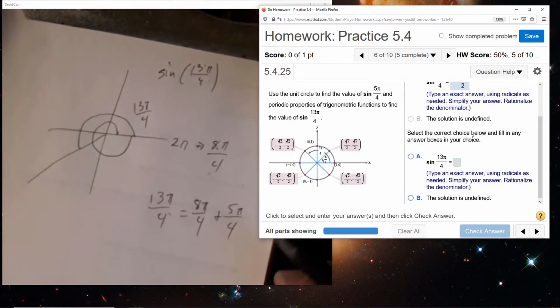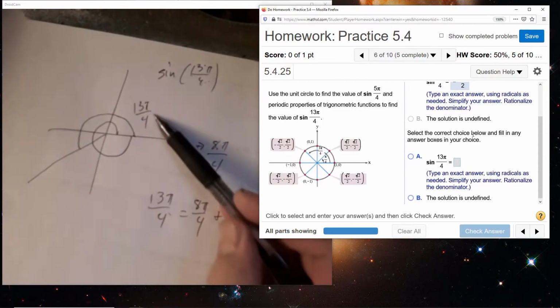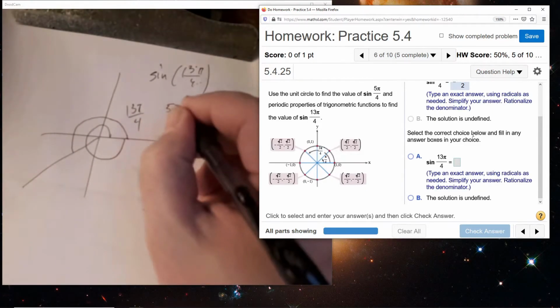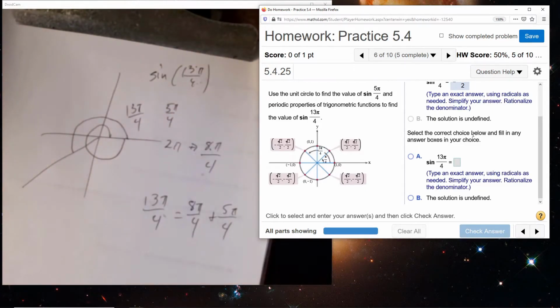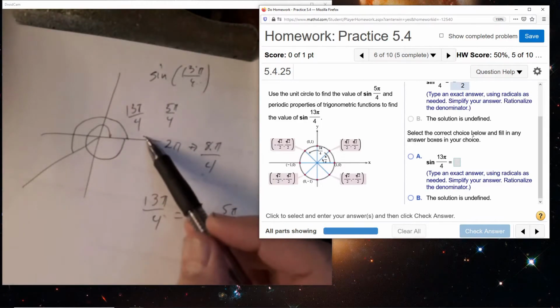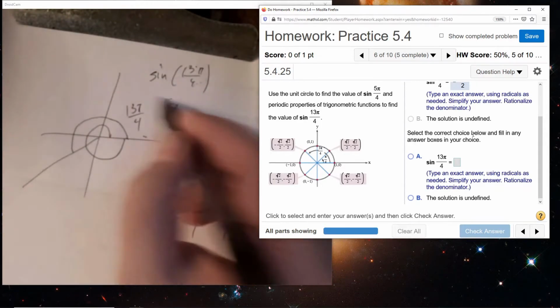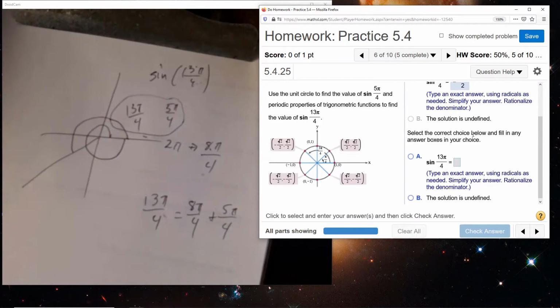Now, if you look to the last problem we just did, 13 pi over 4 is coterminal with 5 pi over 4. Because both of these angles start and stop at the same position.